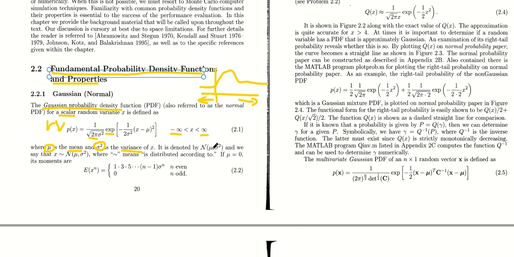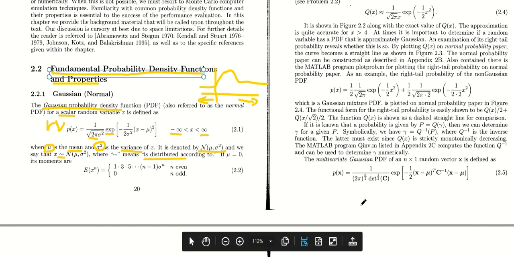Okay, so this Gaussian distribution is denoted by N of mu and sigma square, and we say that x in this notation is distributed by N of mu and sigma square.